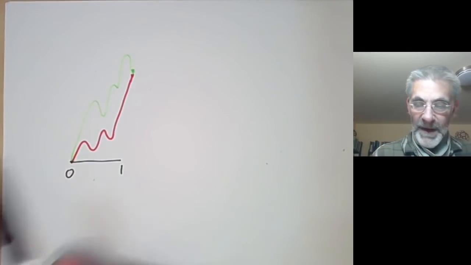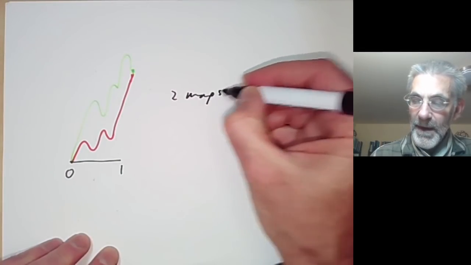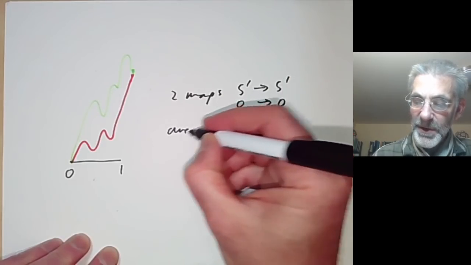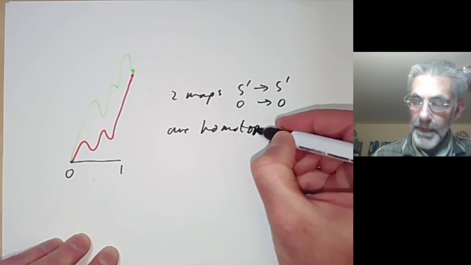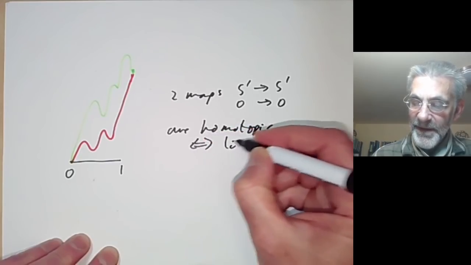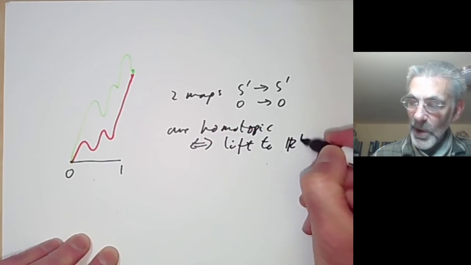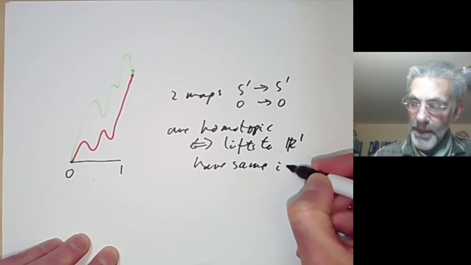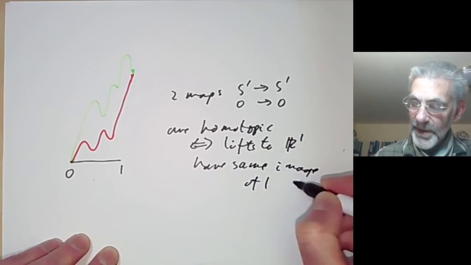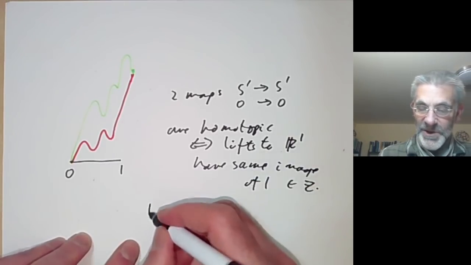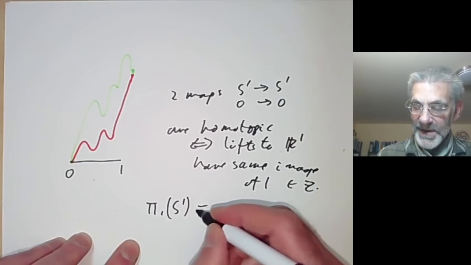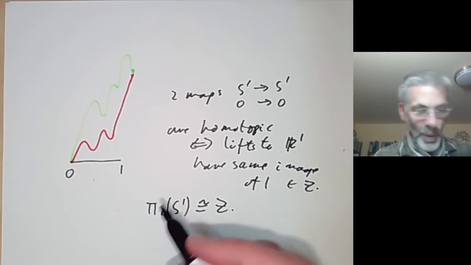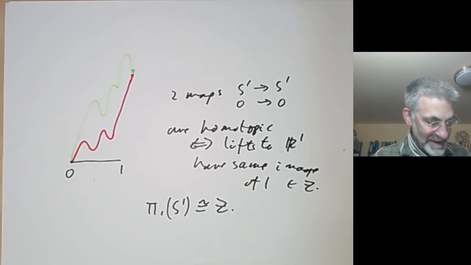So two maps from S1 to S1 mapping the base point to the base point are homotopic if and only if the lifts to R1 have the same image of 1, which will have to be an element of Z. So this shows that pi1 of S1 is just isomorphic to the integers, and the isomorphism is just given by the winding number, the number of times you go round S1.